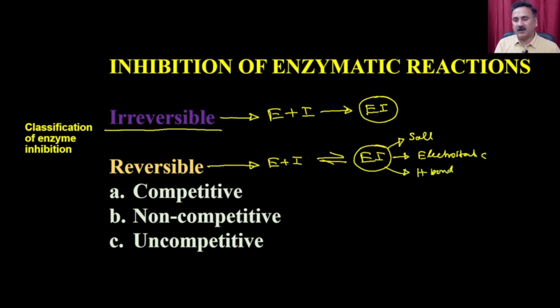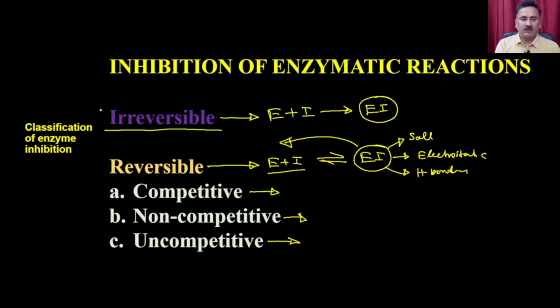Because these interactions can be broken, the complex can give you the free enzyme and inhibitor again. In the reversible category, you have 3 different types: competitive inhibition, non-competitive inhibition, and uncompetitive inhibition.